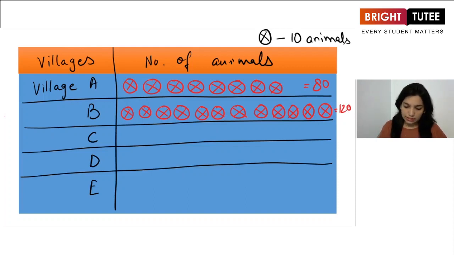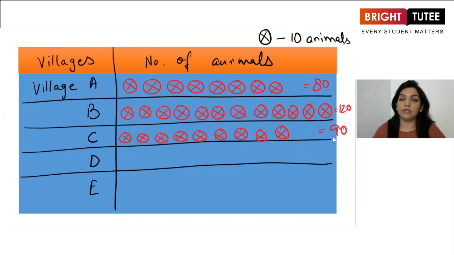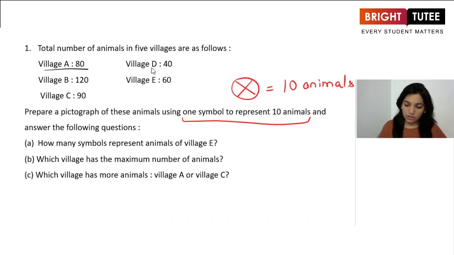Now for village C, it is 90 animals. So we need 9 such symbols. So 1, 2, 3, 4, 5, 6, 7, 8 and 9. So this shows 90 animals are there in village C. Then in village D, it is 40.